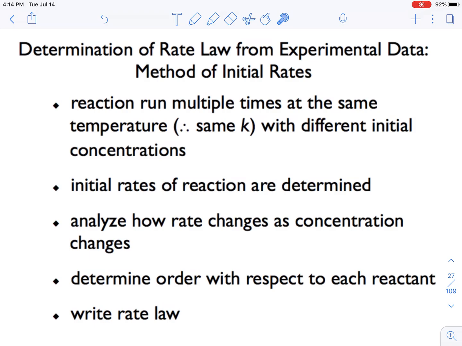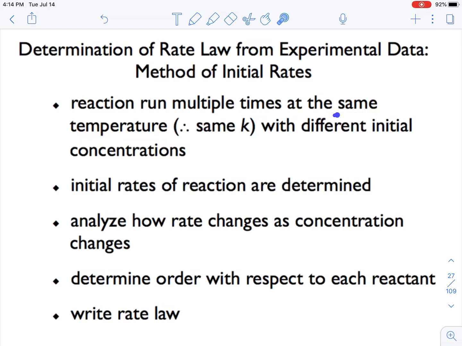So method of initial rates is an experimental technique that essentially gathers kinetic data that can be used to help us determine the rate law for a given chemical reaction. The first step of this technique is to run the reaction several times, making sure that the reaction is at the same temperature.